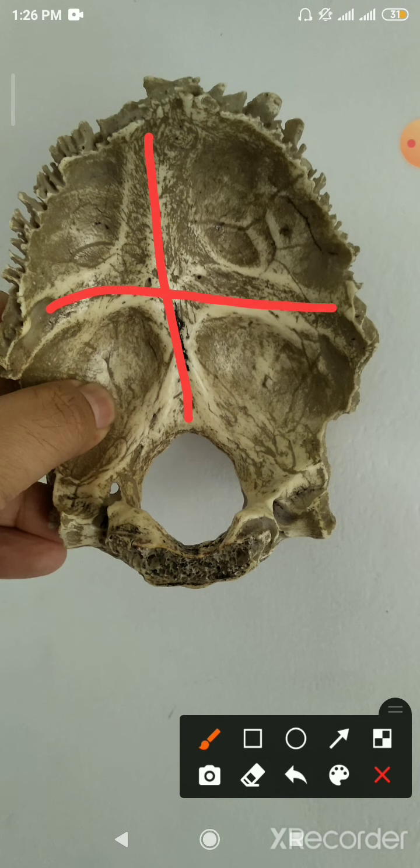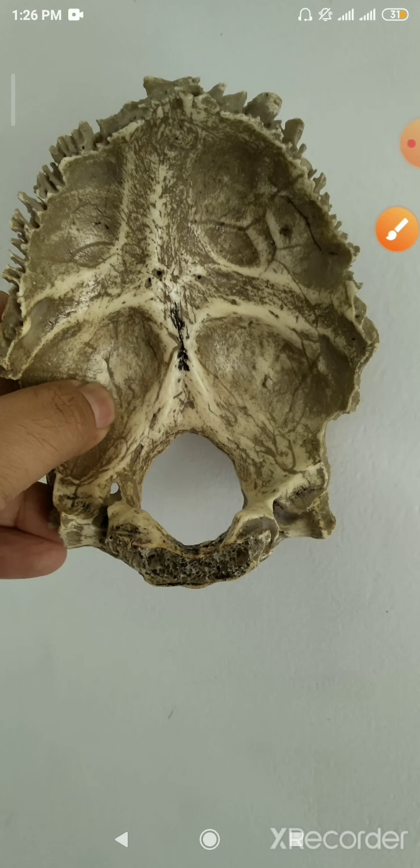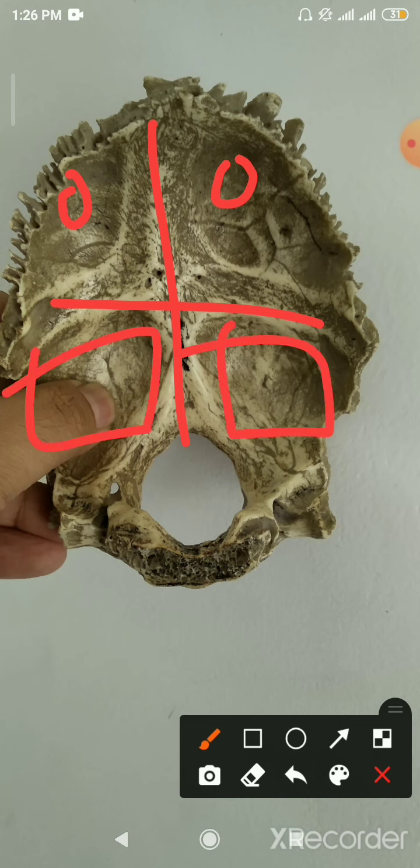Due to the cruciate arrangement of the venous sinuses, the internal surface of the squamous part is divided into four fossae: 1, 2, 3, 4. The upper two triangular fossae are mainly for the accommodation of the occipital lobe of the cerebral hemisphere, and the lower two quadrilateral fossae accommodate the cerebellar hemisphere.